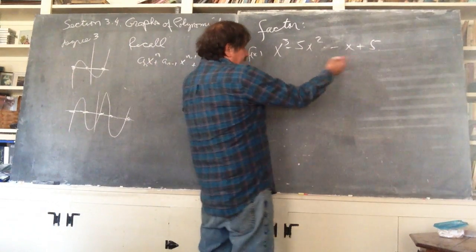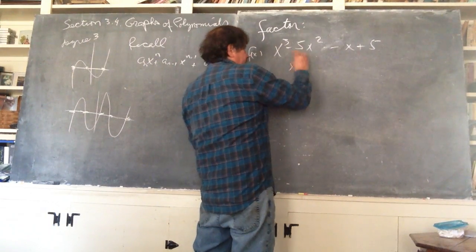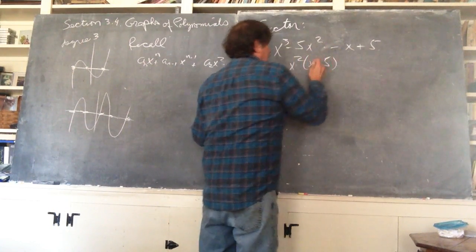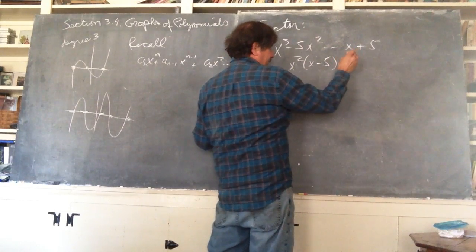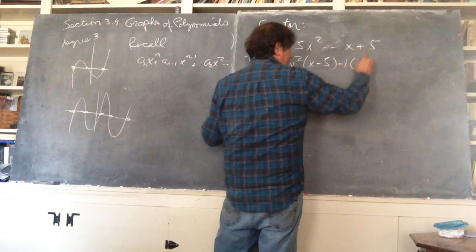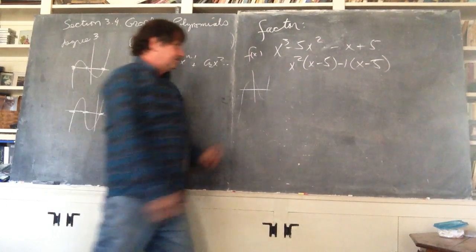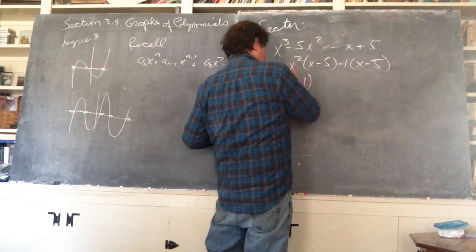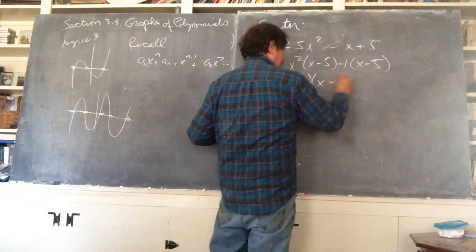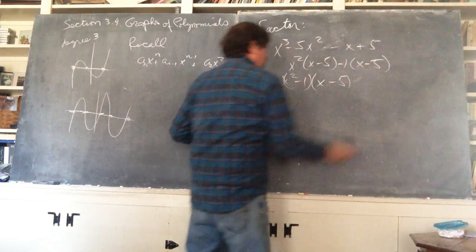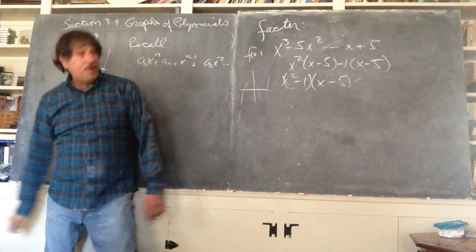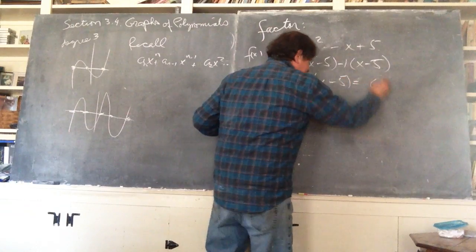Here we can factor, because these two terms have an x squared, and if I take out a negative 1 from the other two, it would look like that. That's factoring. x minus 5 times x squared minus 1. The whole point is we're setting this equal to 0.